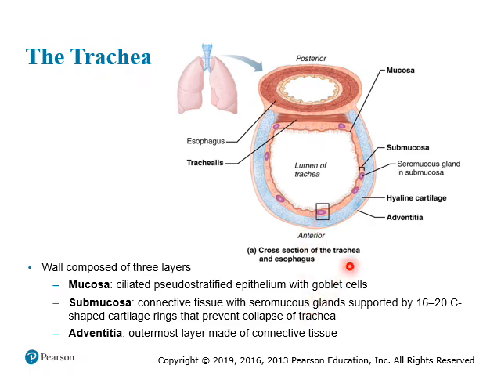The submucosa, under the epithelium, is a connective tissue with seromucous glands supported by about 16 to 20 C-shaped cartilages. This is your C-shaped cartilage, your blue line there. The reason why it's blue is because it is made up of hyaline cartilage. And then the adventitia, the outermost layer, made up of connective tissue.